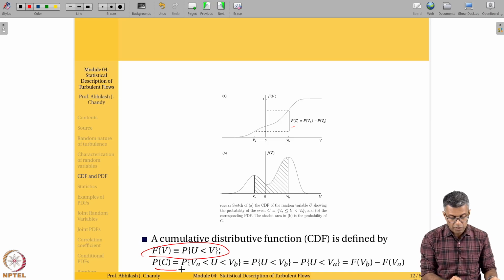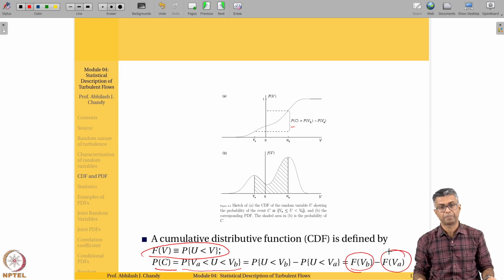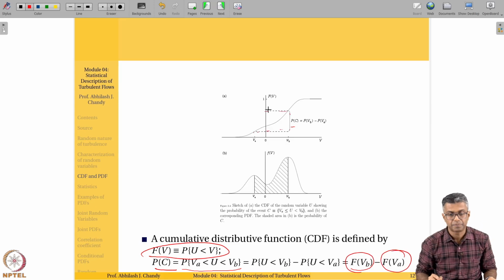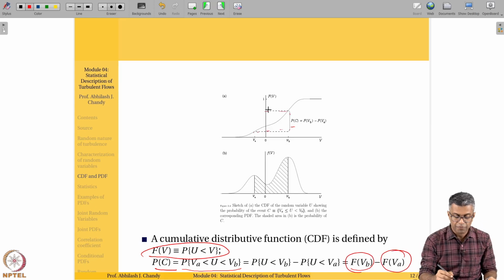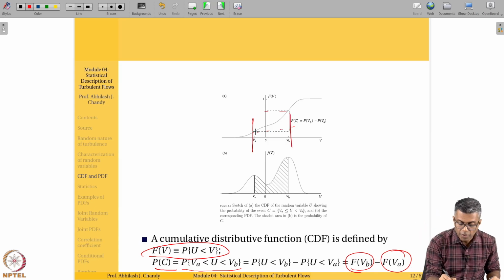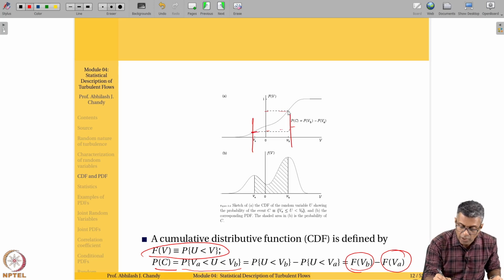So if it is the probability that u is between VA and VB, it is the probability of u less than VB minus probability of u less than VA, or the cumulative distribution function of VB minus the cumulative distribution function of VA, isn't it? That is this range here. That is what is shown here. If VA and VB are these two values, then the probability that velocity stays between VA and VB is this value here.